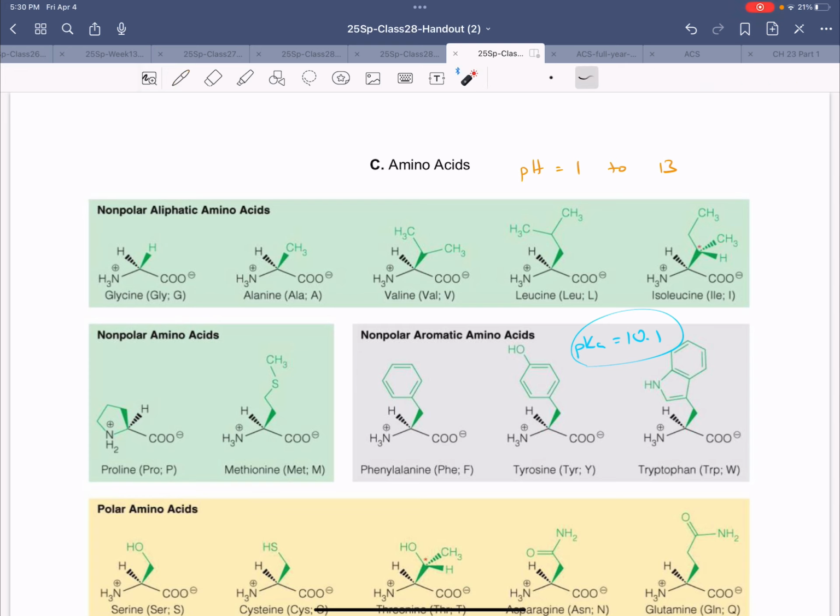Between those pHs, that can be an ion because it's ionizable. What ion is it more likely to be, somewhere in between these two extremes? For an alcohol, it is more likely to become O minus than it is to be protonated and become OH2 plus.